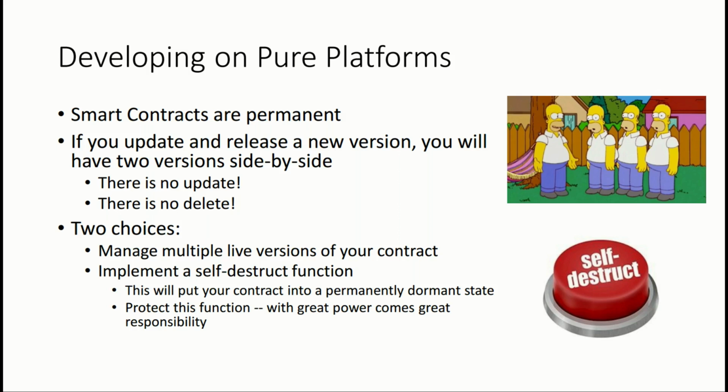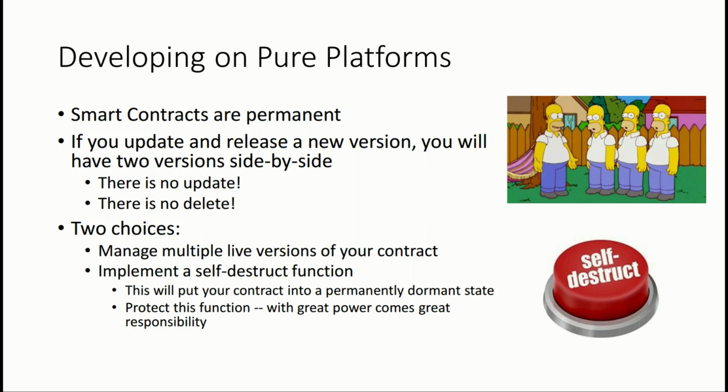So consider the following scenario. Let's say you develop version 1 of your smart contract and you release it onto one of these pure blockchain platforms, such as Ethereum. Little bit of time goes by and then you discover that there's a vulnerability in your smart contract. So as a responsible developer, you immediately go back to your code and you refactor your code to address that vulnerability, to close it so it can't be exploited and nobody can take advantage of that vulnerability.